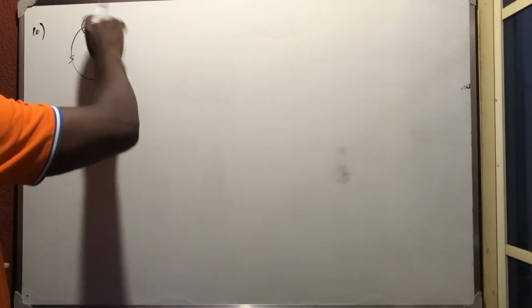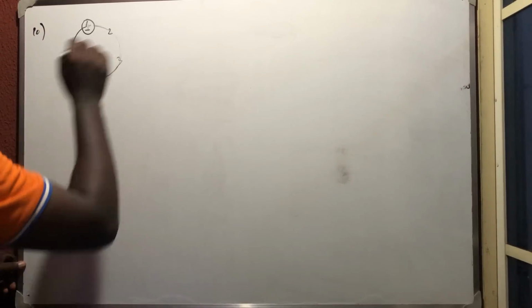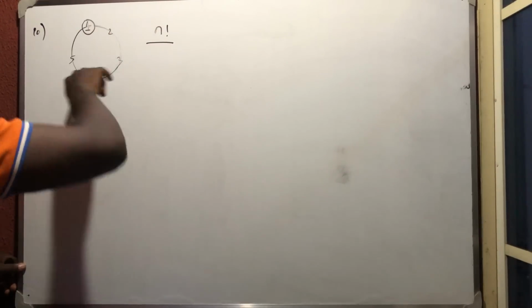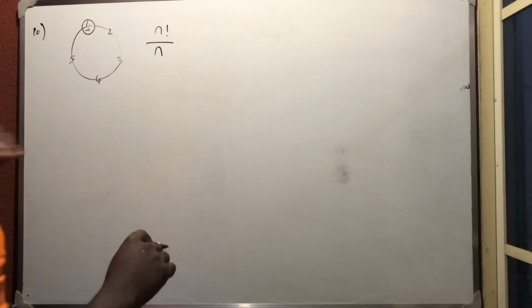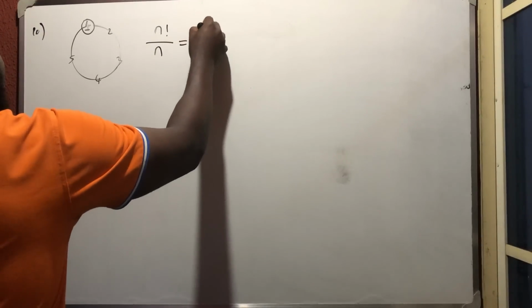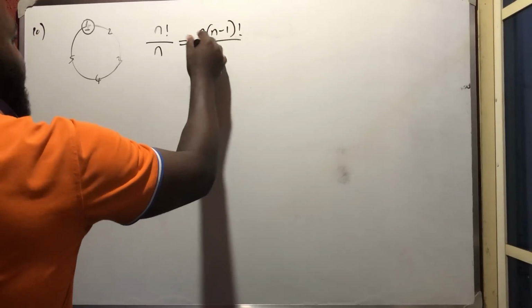But if you decide to keep just one person constant, then you will not be rotating the other people. So if you are rotating them, we are going to have n factorial all over n. So n factorial is equal to n times n minus 1 factorial, all over that n.